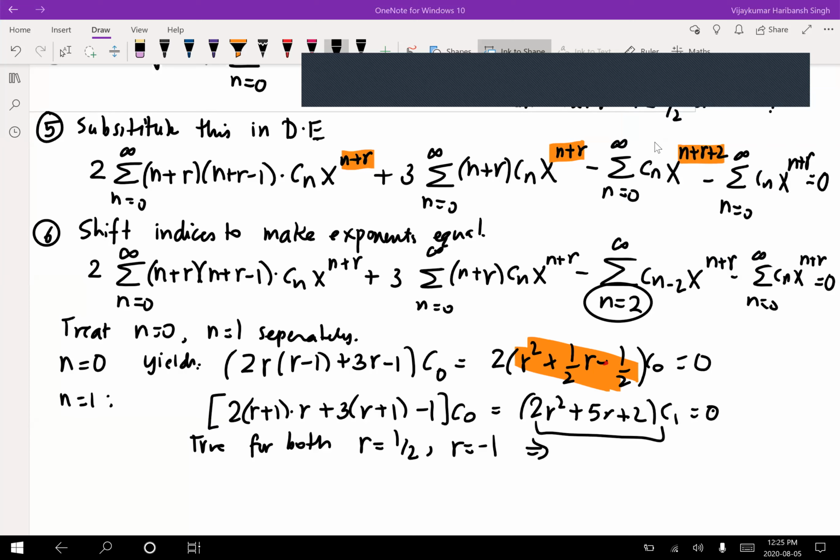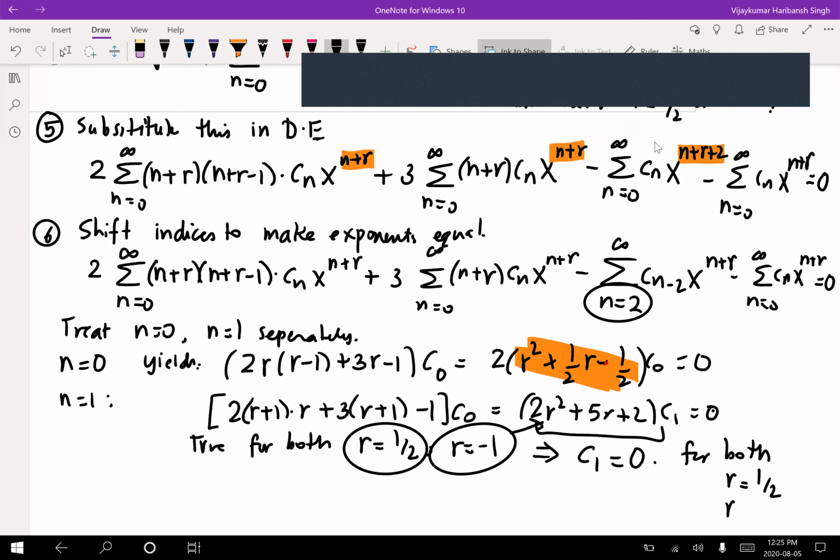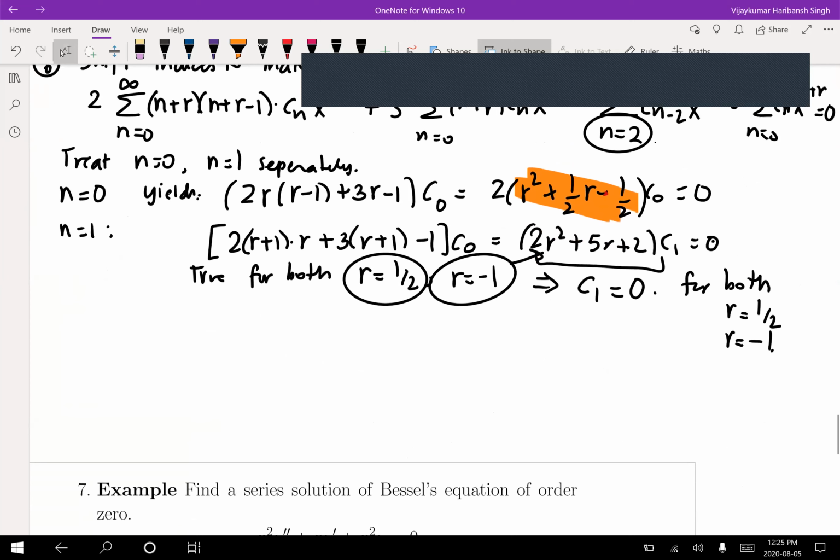When you put r equals half and r equals minus 1, this equation will give something non-zero times c1 equals 0 for both of them. So this implies c1 is 0 for both cases, both when r equals half or r equals minus 1. So now we need to look for the coefficient of x to the r.